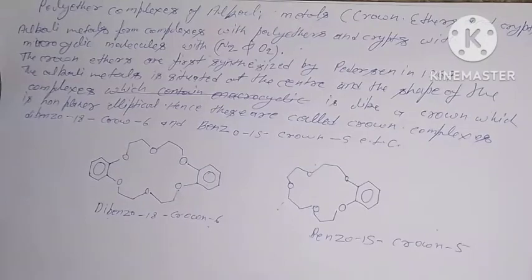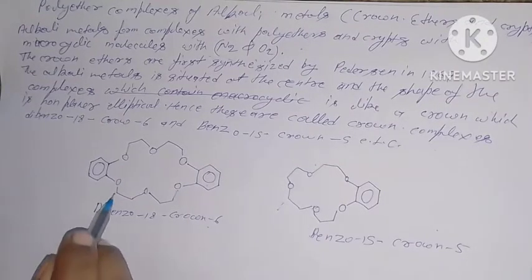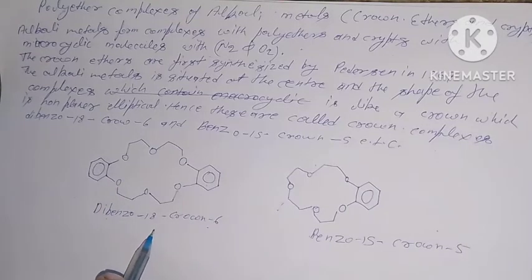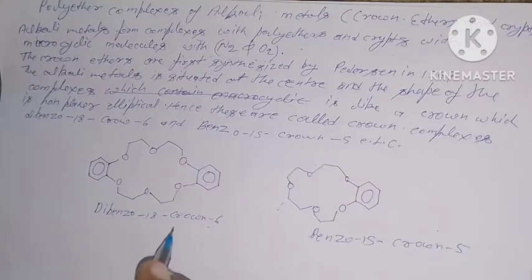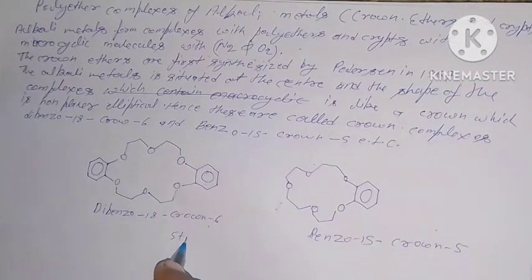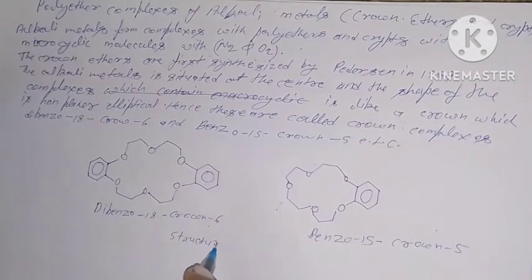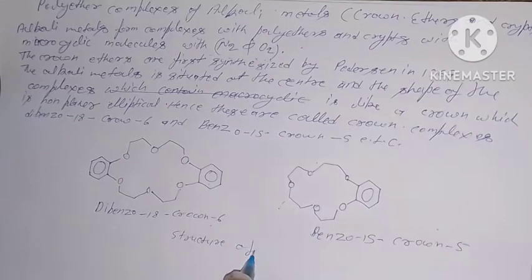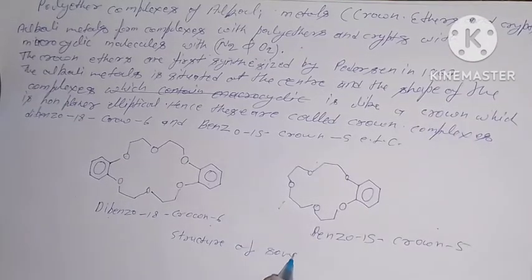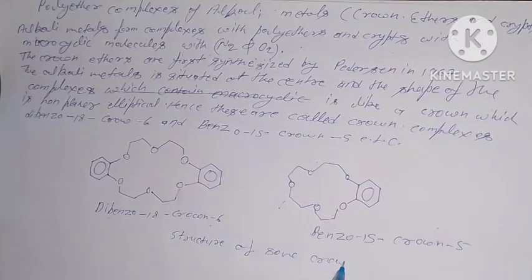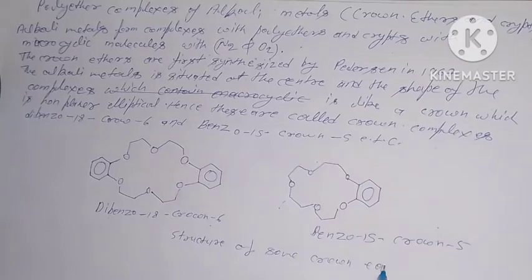This is the benzo 15 crown 5, and this is benzo 18 crown 6. And this is the structure of some crown ethers.